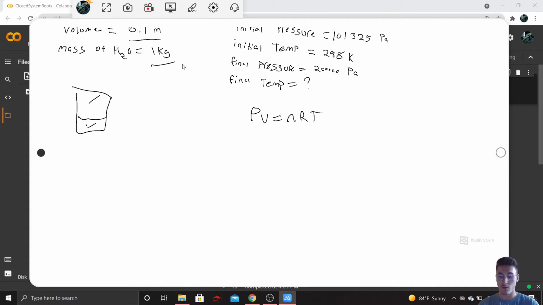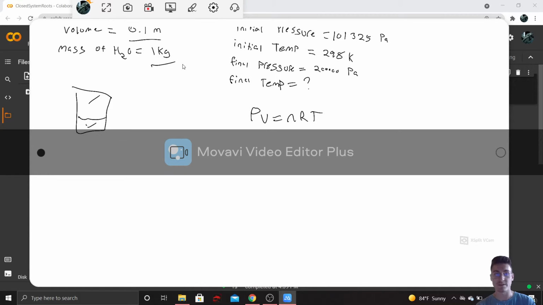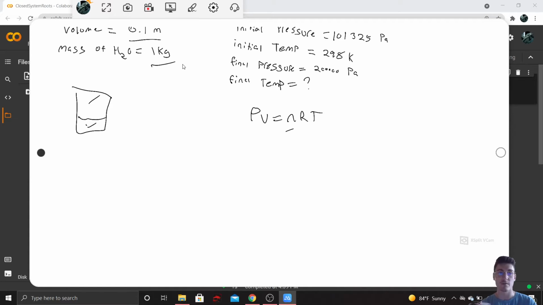How we're going to apply this is that some of these are going to stay the same. The volume in the system stays the same. We're not going to be losing water, so the mass is still going to stay 1 kilogram. And the n right here, the number of moles, is going to stay true for the entire time. The air inside of there, we're not going to lose moles of air somehow.